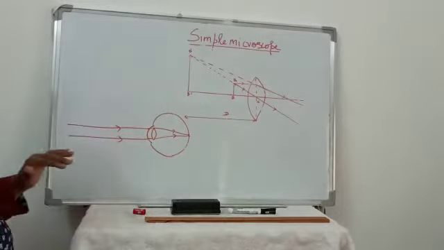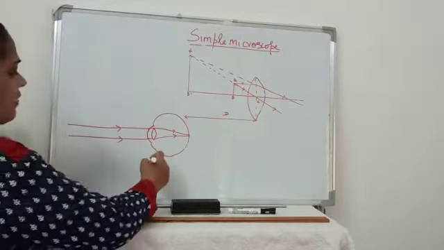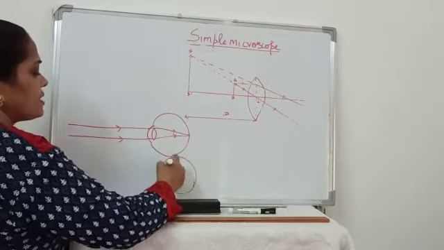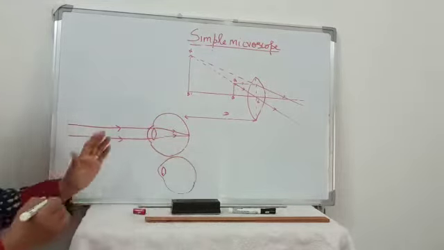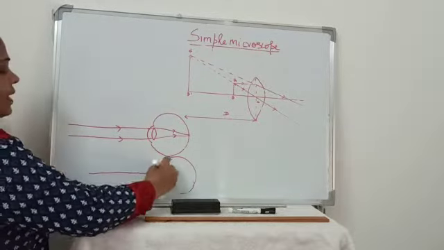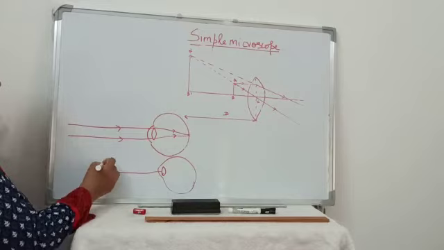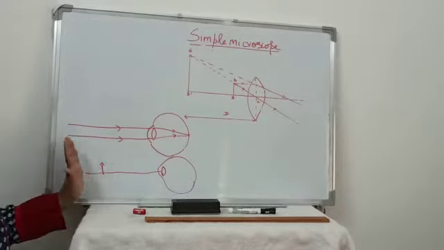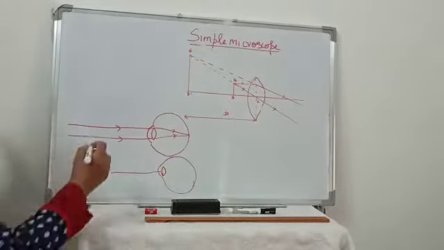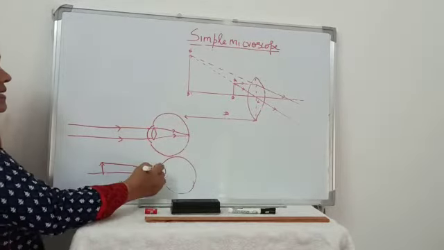Now the second case: suppose the object is at a somewhat closer distance, not that far. For example, if the object is somewhere over here, it has to make an angle with the eye lens.